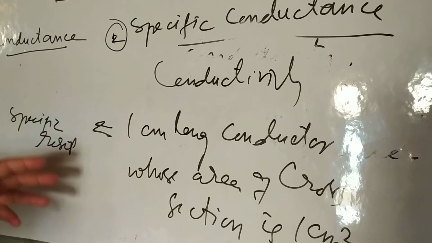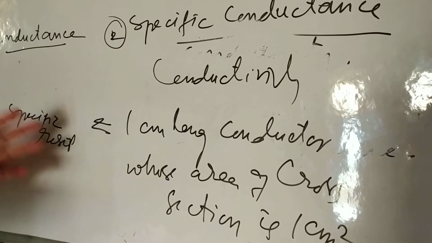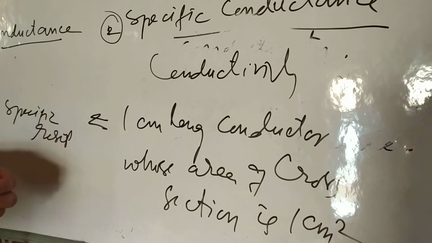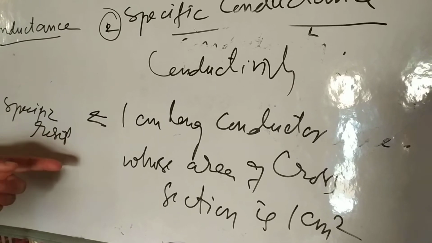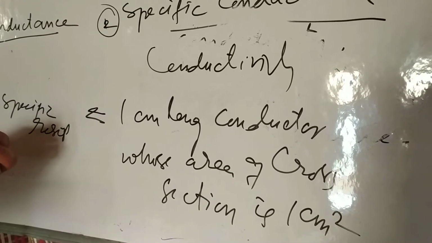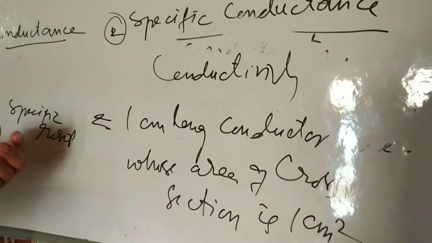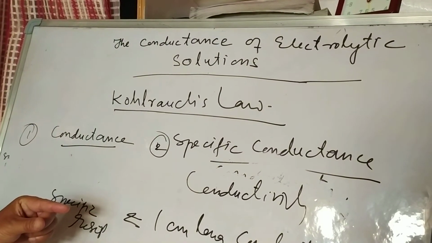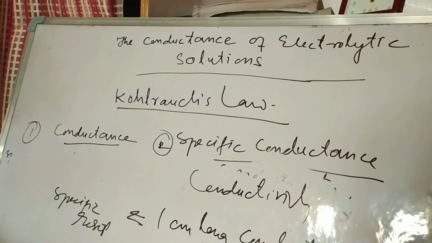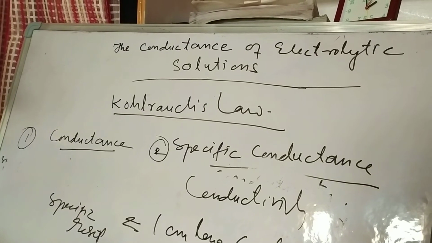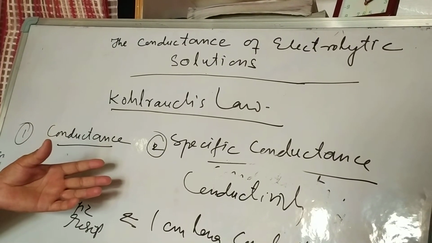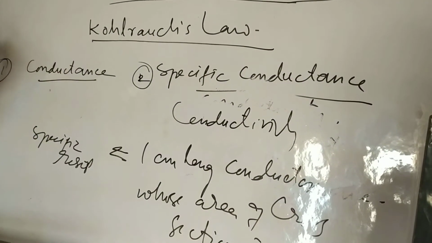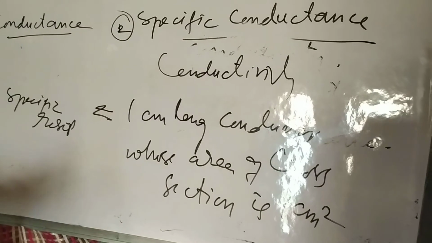So in order to compare, we need to take conductors of equal length and equal area of cross section. Here we take a unit of the conductor, 1 cubic centimeter. Its length is 1 centimeter and its area of cross section is 1 centimeter square. The resistance of this 1 cubic centimeter of the conductor is called specific resistance, and the conductance of this is called specific conductance.